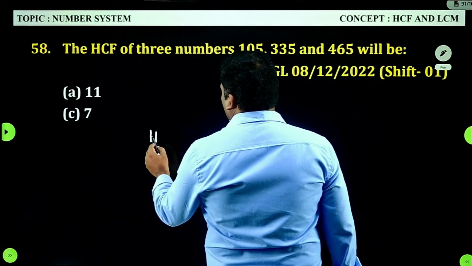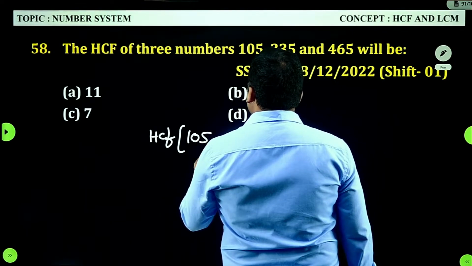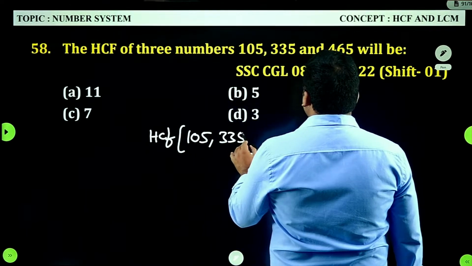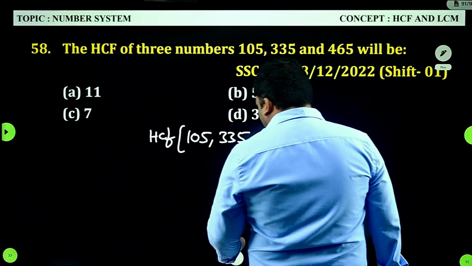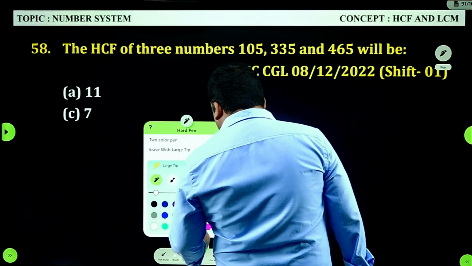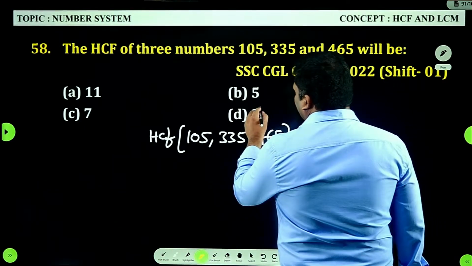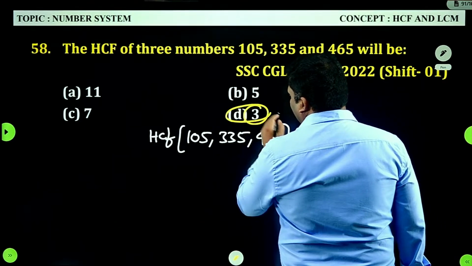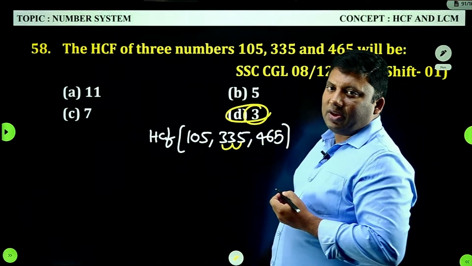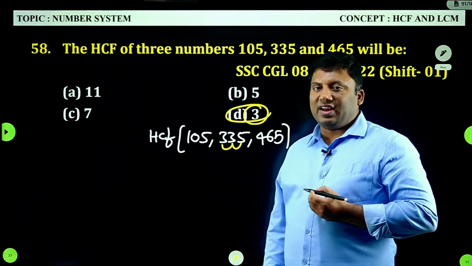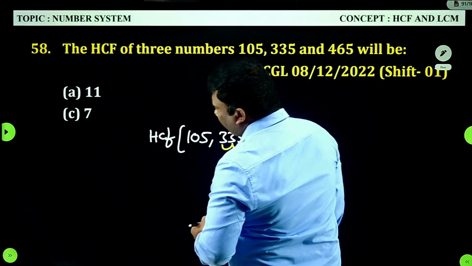Tell me, sir, HCF of all our previous year questions from LCM and HCF from various examinations. HCF of 105, 335 and 465. I just said if it is 3, the answer is divisible by 3, but this is not divisible by 3. 3 plus 3 is 6, 6 plus 5 is 11, 11 is not divisible by 3. 3 out.